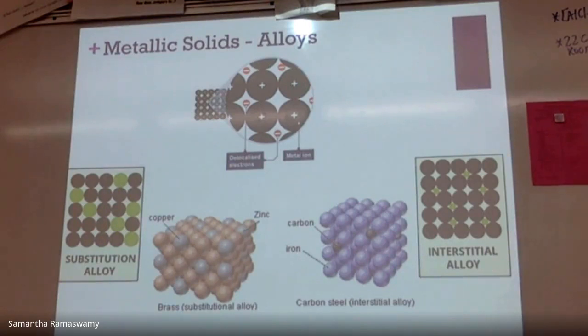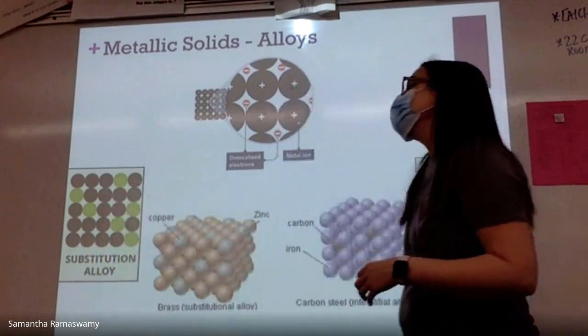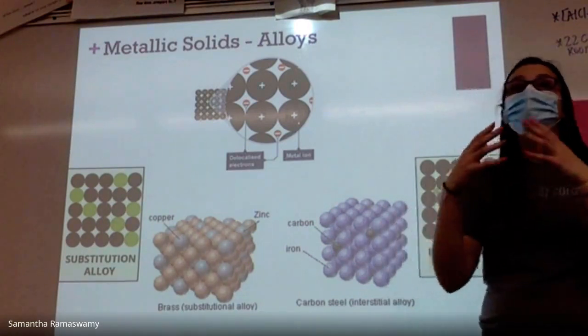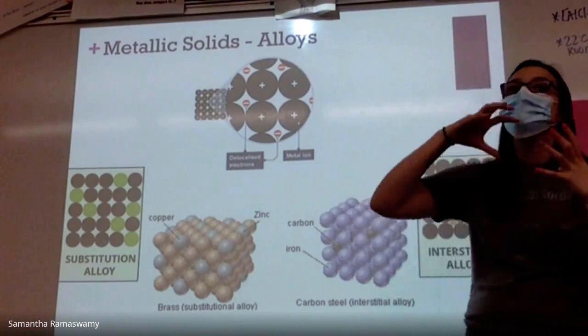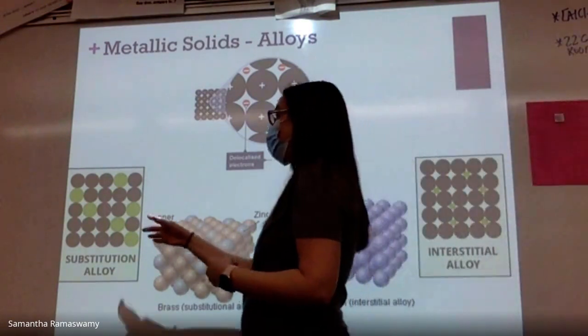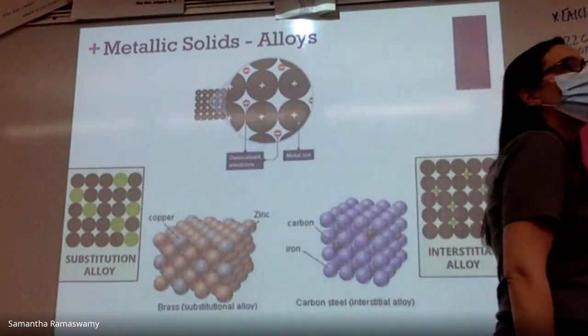The other type of alloy that you have is a substitutional alloy. A substitutional alloy is when you have two atoms of similar size. And what happens because they're similar size is that one substitutes in for another. So here we have two atoms of similar size.